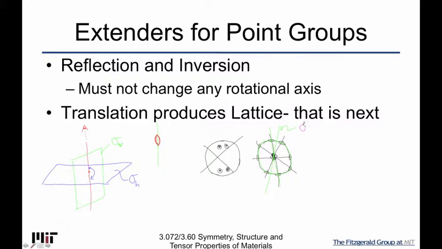And we're going to call this one sigma d, for diagonal. We're not going to be able to apply that to many, because remember, everything has to reflect about this axis, and in this particular case I'm showing you, it does. So it can only be used in particular symmetries, right? But when it can, it gives us another option for adding an extender.